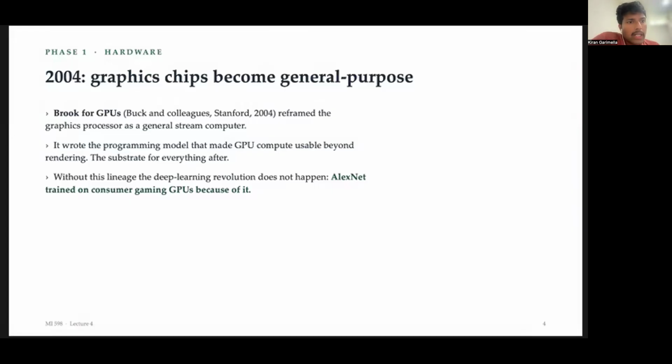And so we can trace out that lineage of GPUs being used for general purpose computing to the deep learning revolution, which is AlexNet, which was trained on consumer grade GPUs. I can talk about that in the next slide.